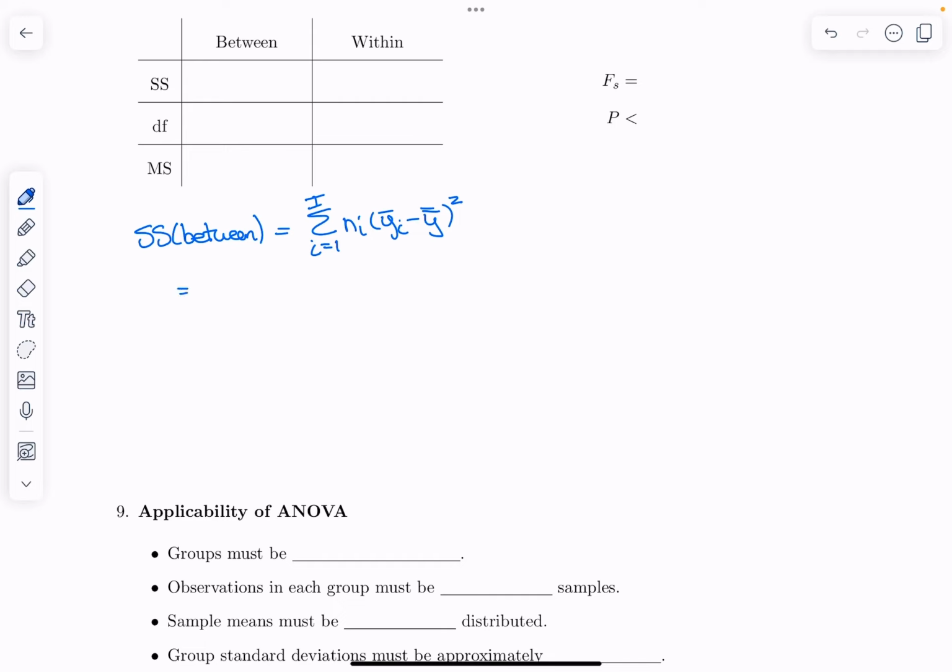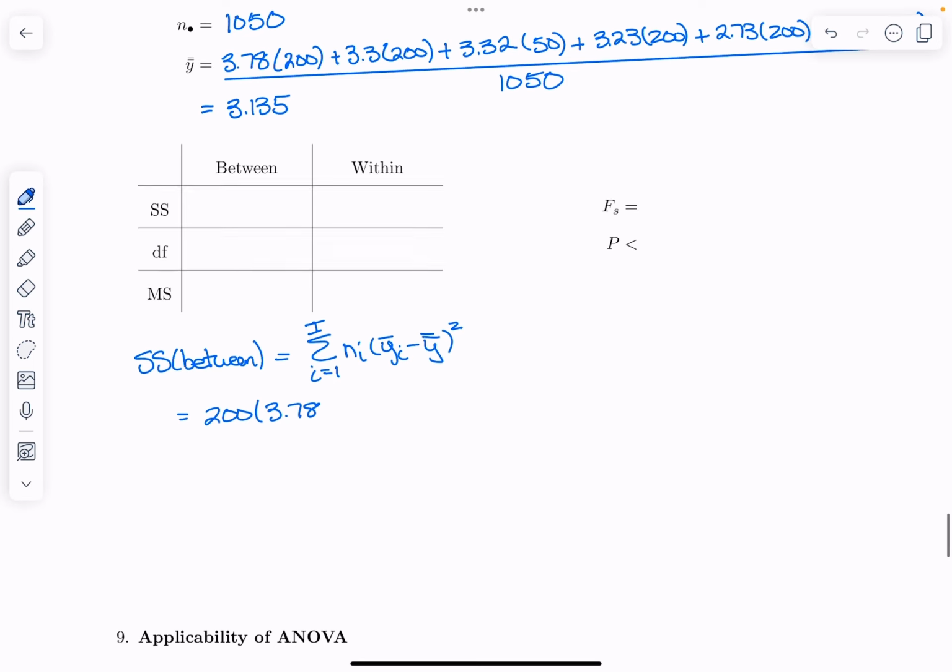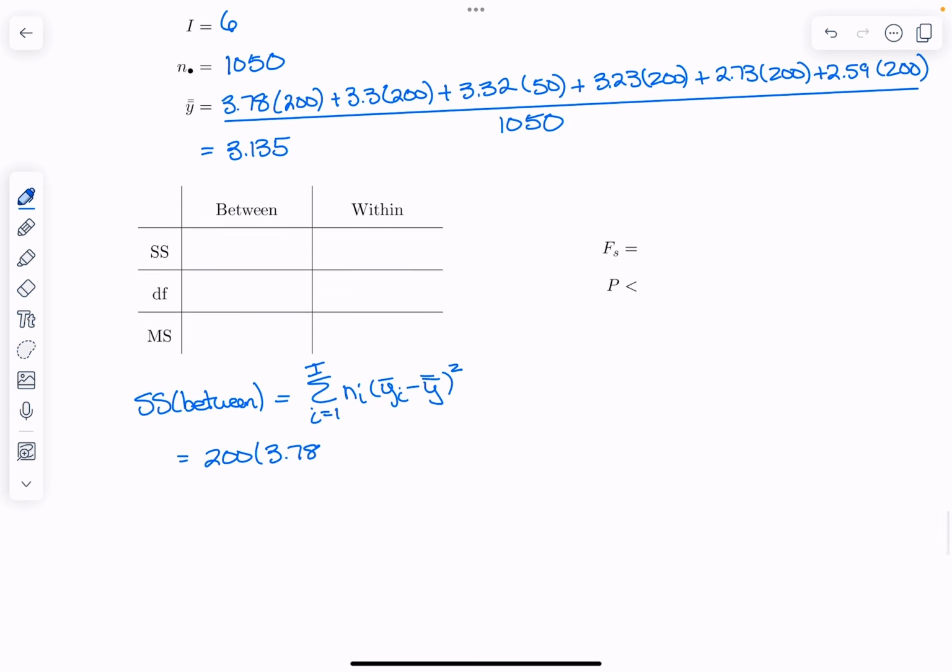Well, I'm going to have 200, and then that first group mean we saw was 3.78. Maybe I'll put that back here so that we can see it. And then I'm going to subtract the 3.135, and I'm going to square it.